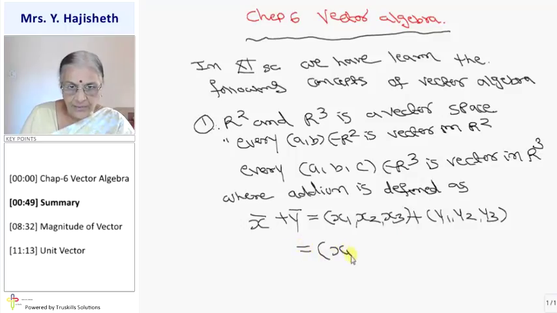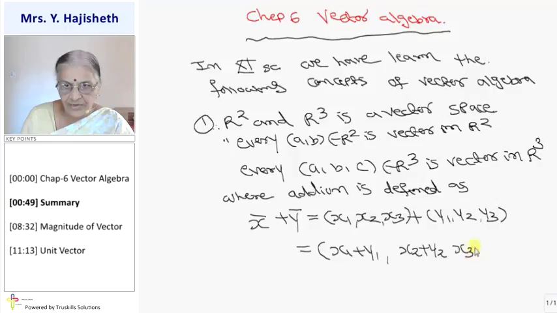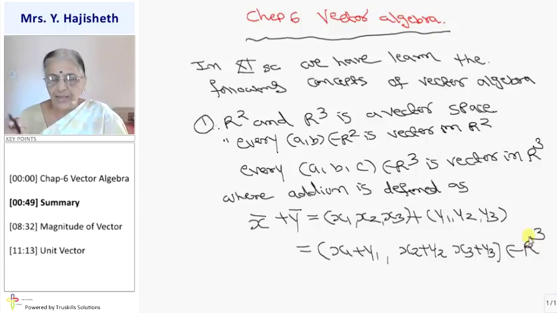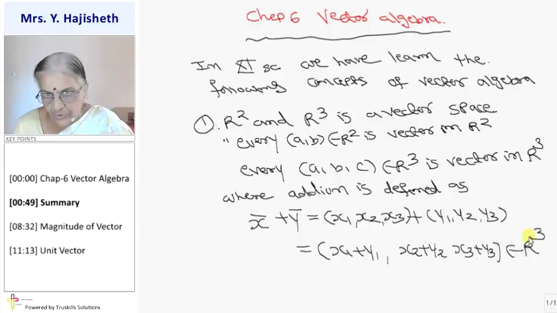Here we are adding corresponding elements: first entry added with first entry, second entry with second entry, and third entry with third entry. And you know it also belongs to R cube. So it is called closure property. If x and y belong to R cube, then vector x plus vector y also belongs to R cube. Vectors are denoted by a bar on top. X with upper bar, so we read it as vector x.